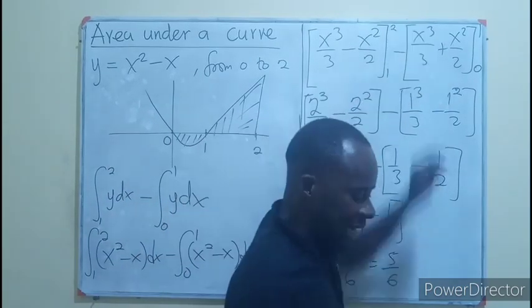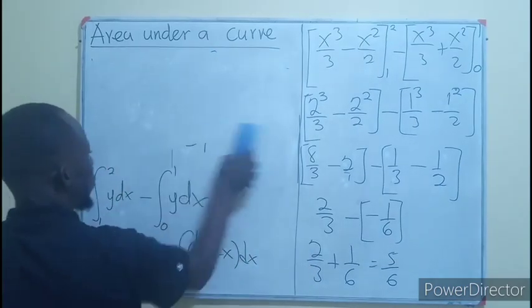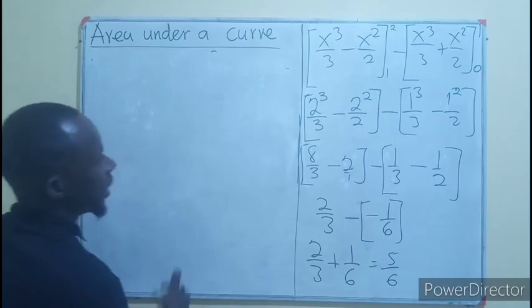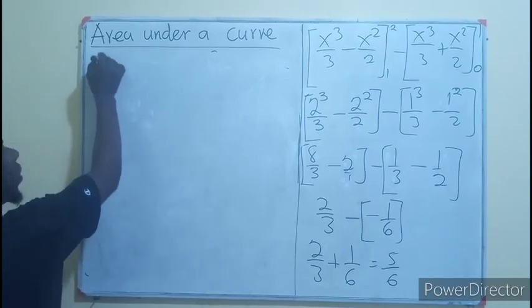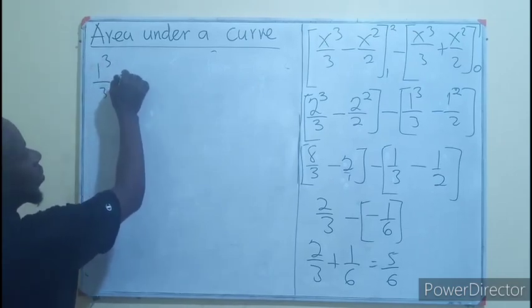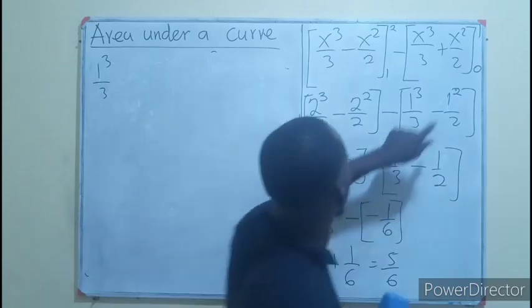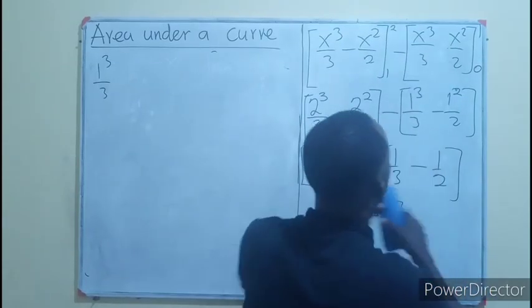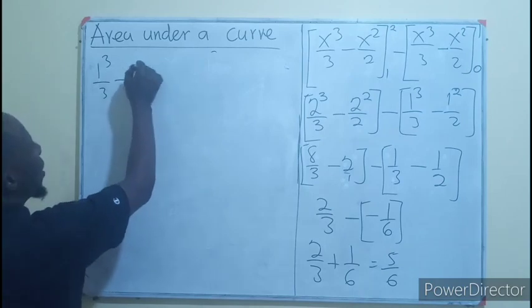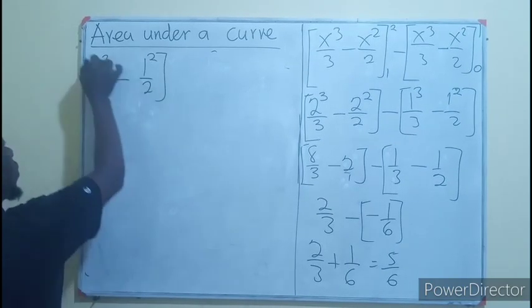Then we take the second part. That is going to be 1 exponent 3 over 3, plus, I think this will be minus, so we have minus 1 exponent 2 over 2.